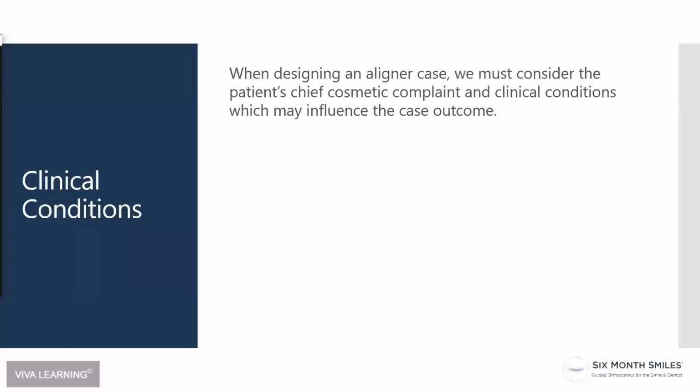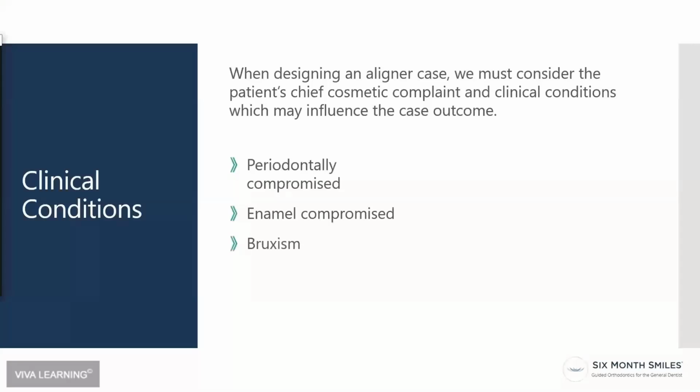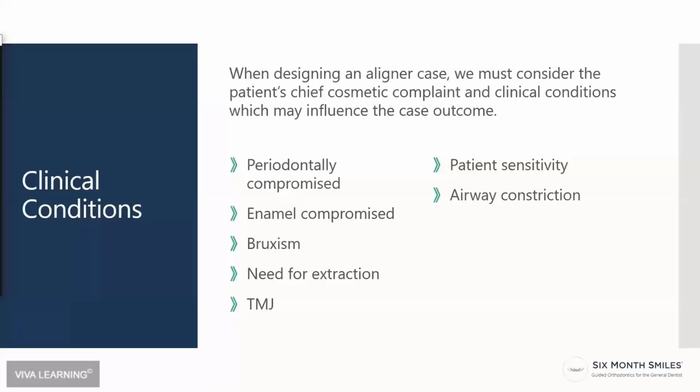So when designing an aligner case, we must consider the patient's chief cosmetic complaint and clinical conditions. These might influence the case outcome: whether they're periodontally compromised, or if there are any enamel issues, bruxism, need for extractions, any TMJ symptoms or disorders, whether the patient has considerable sensitivity of the teeth, any airway constrictions, missing teeth, any implants that exist.